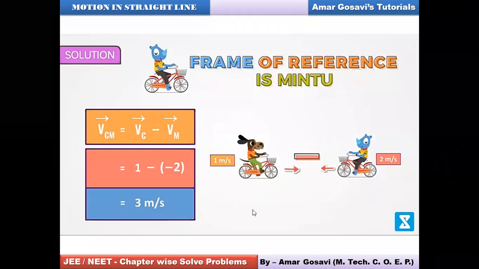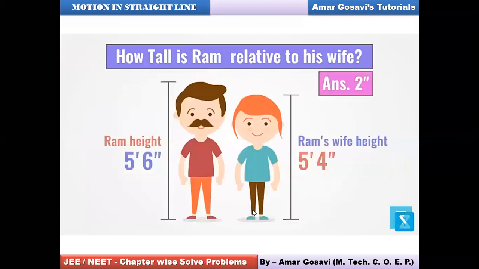So let's proceed then. So again, in terms of the relative concept, like how we need to analyze it, say Ram is of height 5'6", and his wife's height is say 5'4". So how tall would Ram be with respect to his wife?